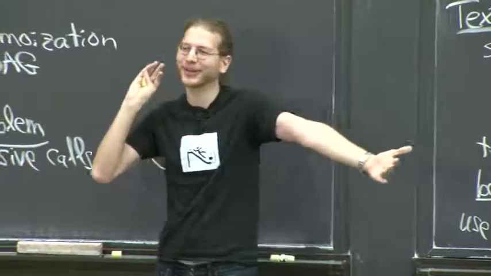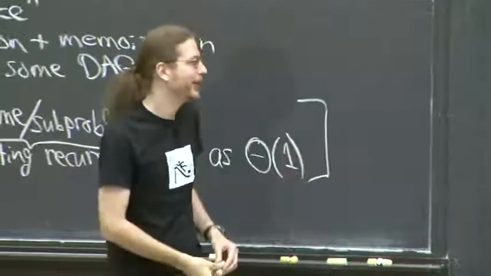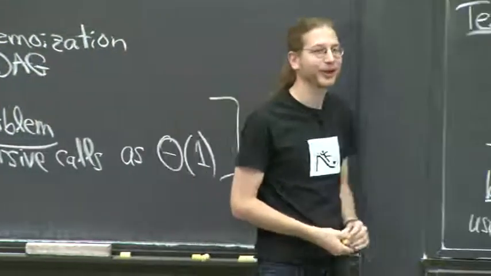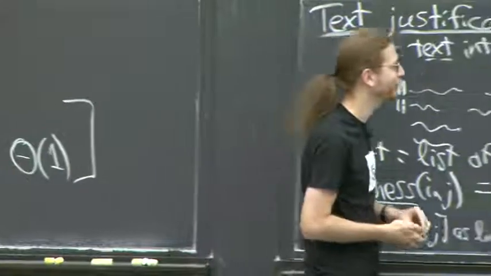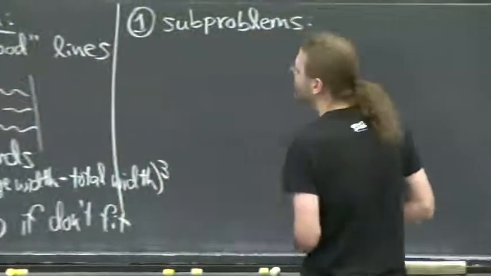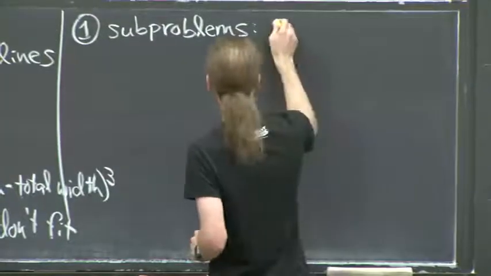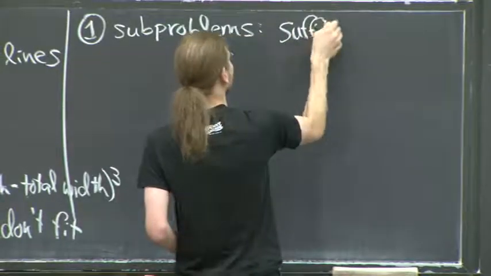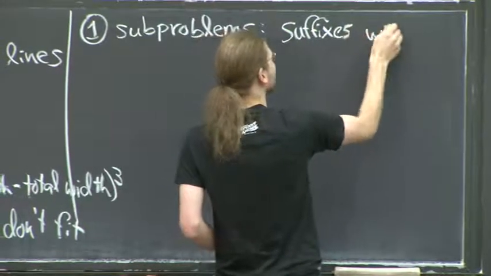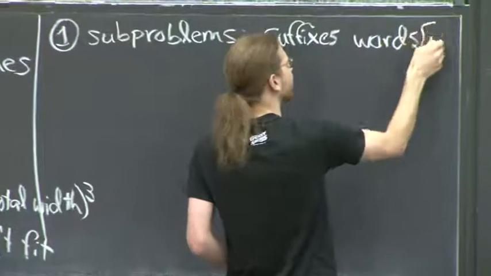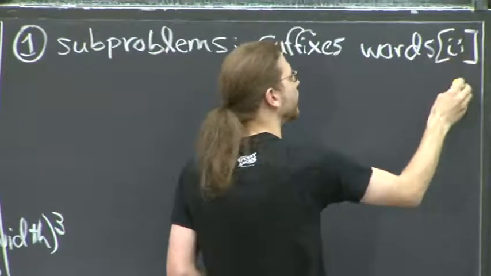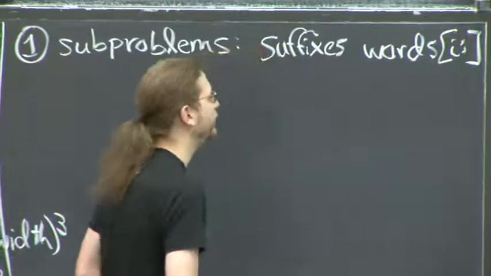Yes, that's what we want to define. It's called a suffix of the array. That's the word I was looking for. It's tough when I only have one-word answers. So my subproblems are going to be suffixes. In Python notation, it's i colon. They call it slices.